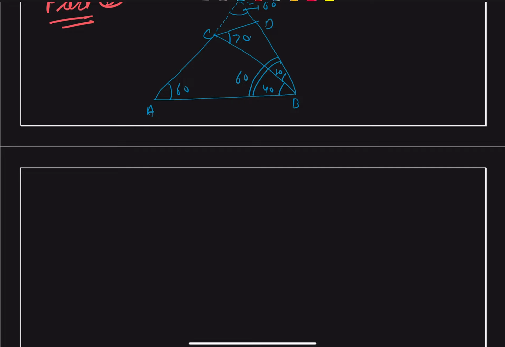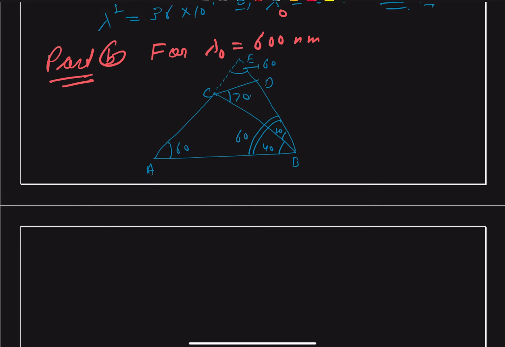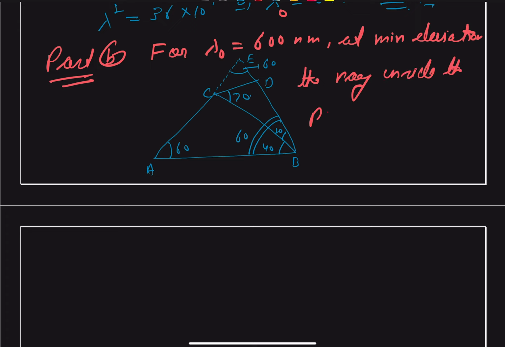So we have to find the minimum deviation. For lambda naught, that is our 600 nanometer, at minimum deviation, the ray inside the prism will be parallel to the base of the prism, parallel to BC.